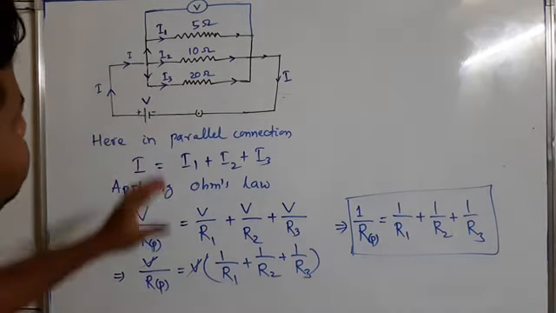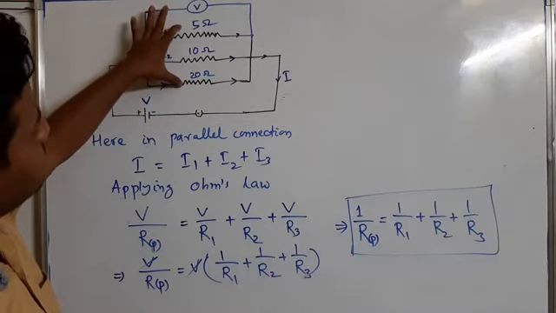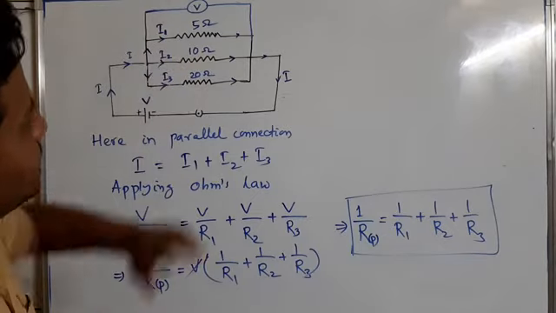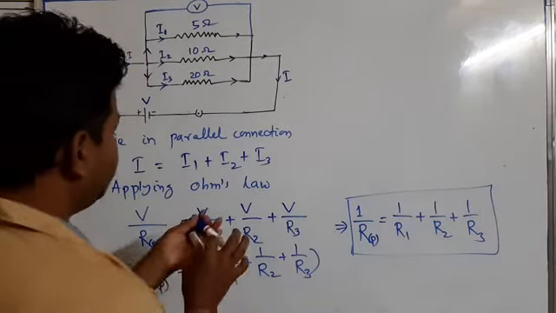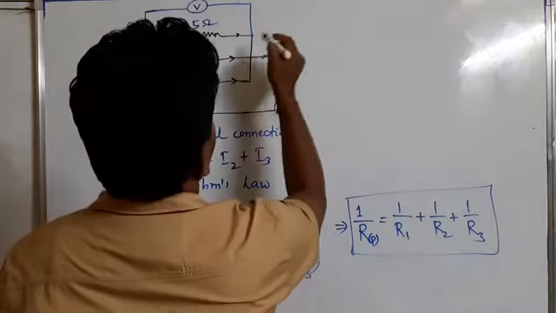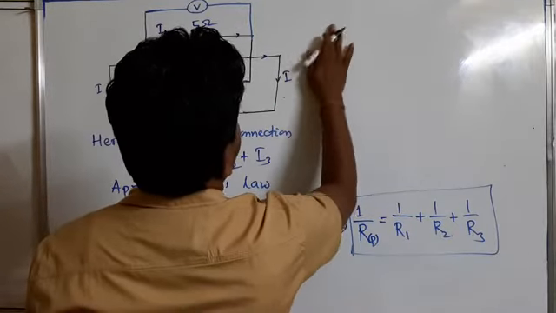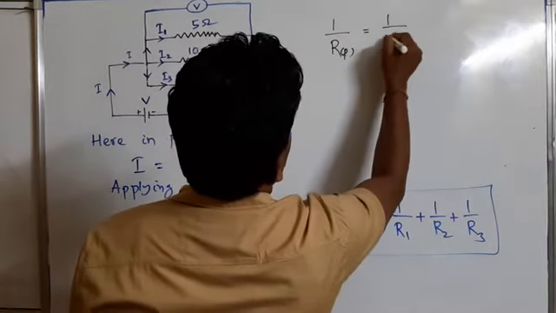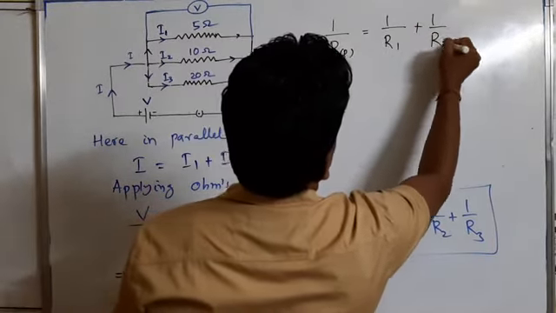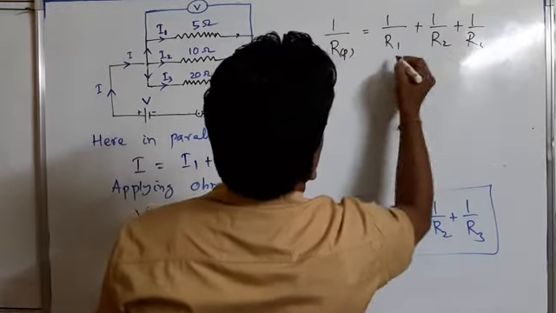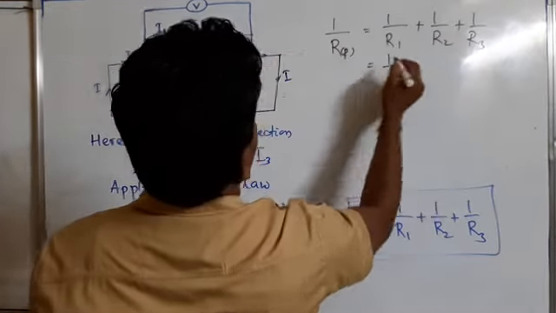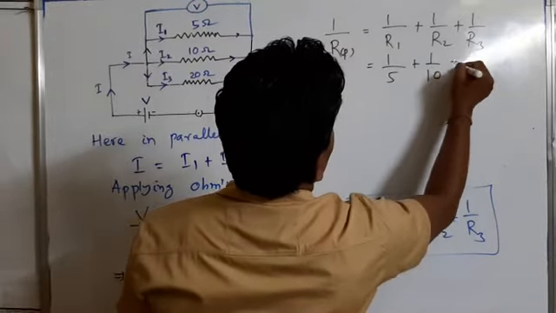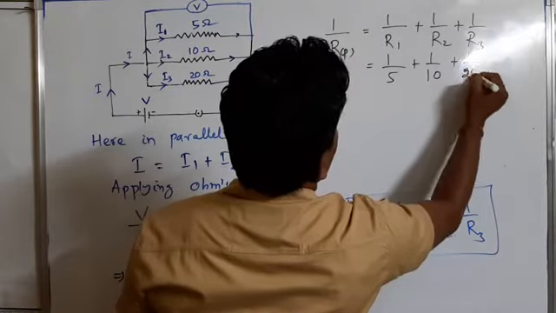Here three resistors having 5 ohm, 10 ohm and 20 ohm respectively are connected in parallel. If you want to find the total resistance in this case, I can write the formula: 1 by Rp equal to 1 by R1 plus 1 by R2 plus 1 by R3, and you have to use the values 1 by 5 plus 1 by 10 plus 1 by 20.